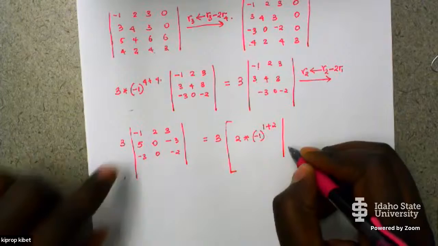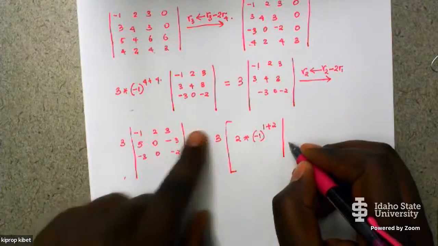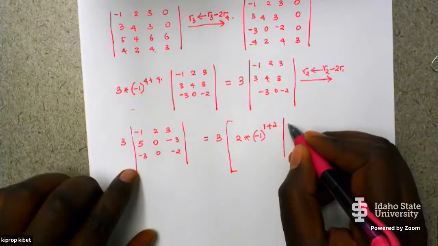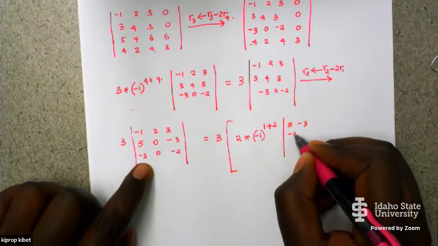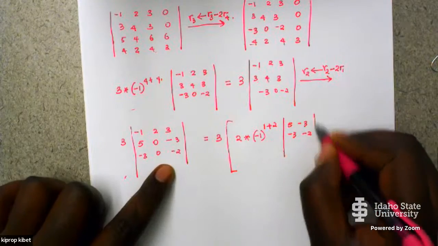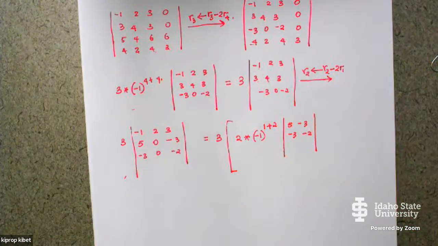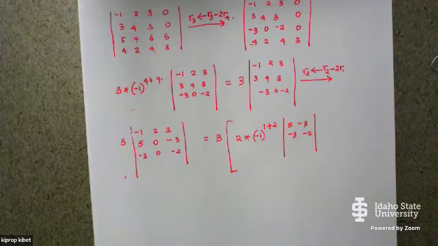And then we are deleting this and this. So we have 5, -3, -3, and then -2 there. So now it has become a 2 by 2.